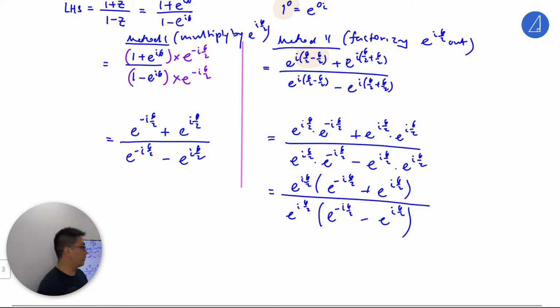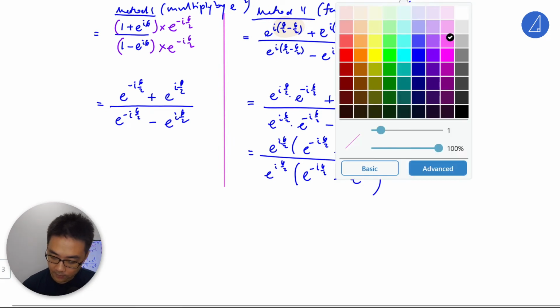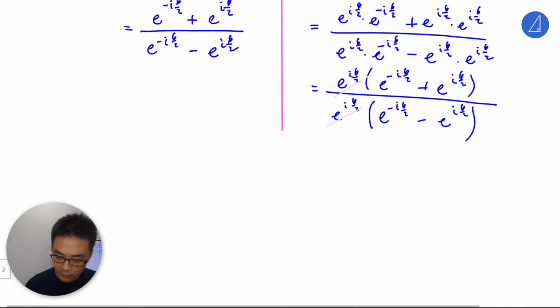Go on factorizing. So both will give you the same thing. Cancel this out. You still get the same expression there. So you both arrive at the same thing.